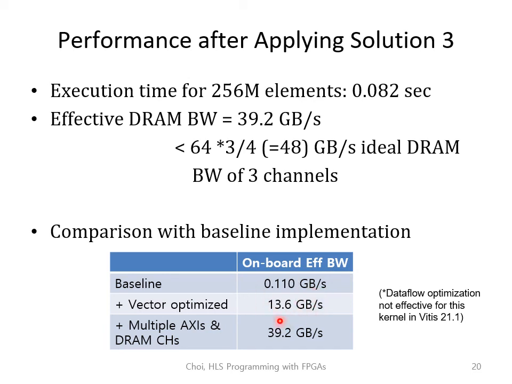And I've told you that applying the dataflow optimization here does not change the bandwidth too much for this particular kernel. And we can further improve the performance by using multiple AXIs and multiple DRAM channels and achieve 39.2 gigabytes per second, which is very close to the ideal DRAM bandwidth.